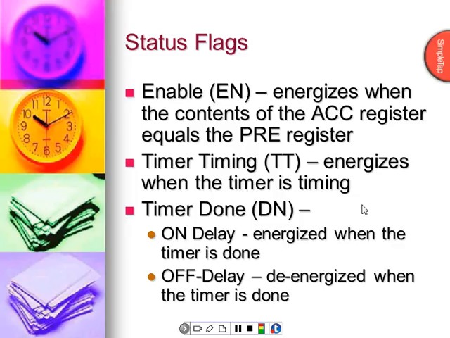And I would use the done flag. That way, as soon as the technician gets through and resets the timer, the machine starts working, and this light goes off. So I'm not thinking I still need to go over there and clean that machine, because as long as it's timing, it's not done. Y'all understand that?